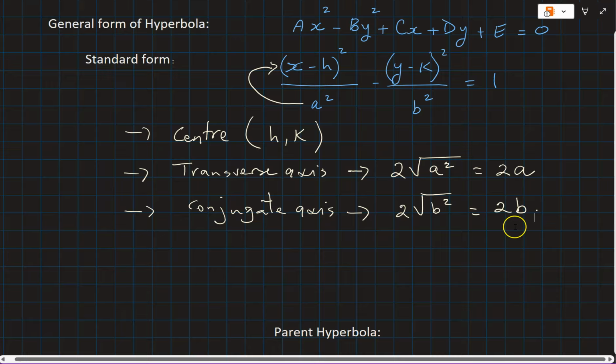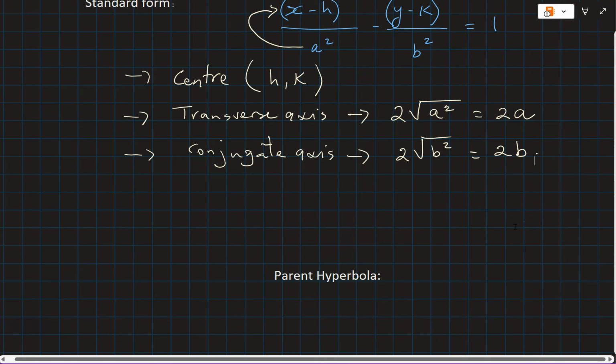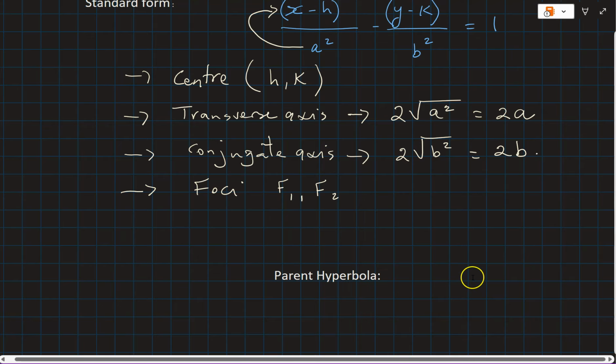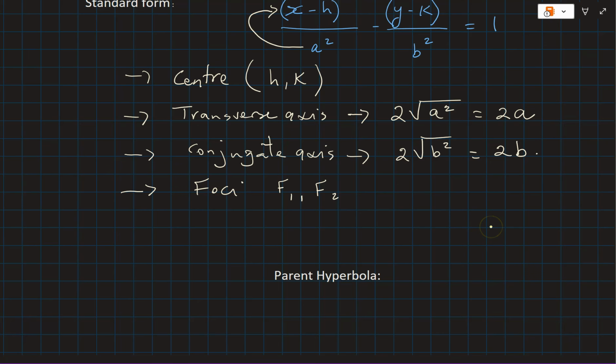And there is a relationship with the focus, or foci, which we call F1 and F2. You can actually get the value of the distance of F1 and F2 from the center, which is equal to the square root of a squared plus b squared.